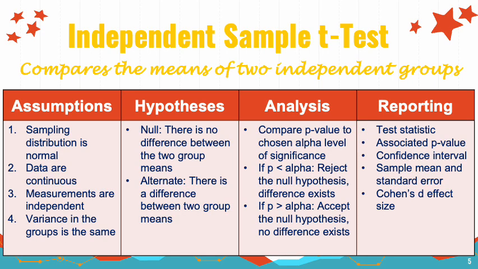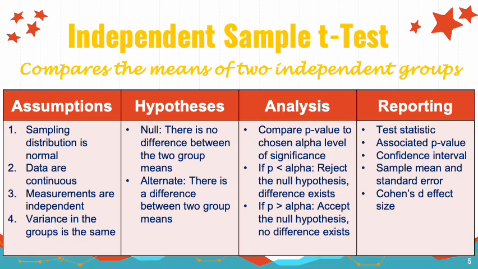For an independent sample t-test, the null hypothesis would generally look something like a statement saying there is no difference between the two group means. And the alternate hypothesis would generally look like a statement saying there is a difference between the two group means. As with all tests of analysis, you would use software such as Microsoft Excel or IBM SPSS to compute the test statistic and associated p-value.